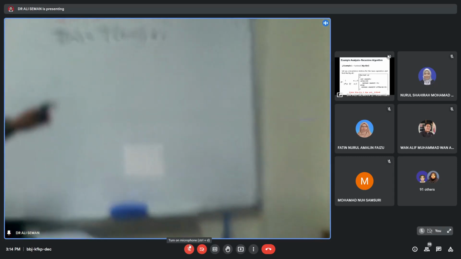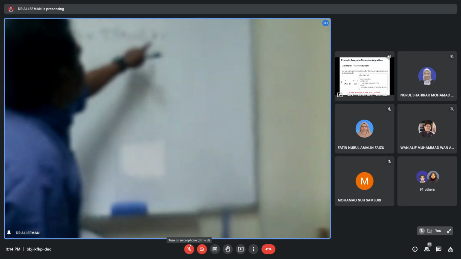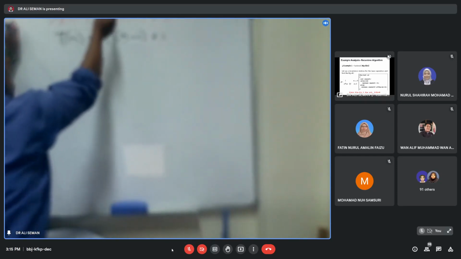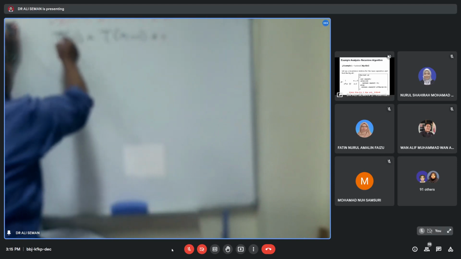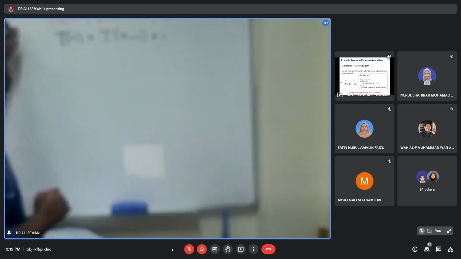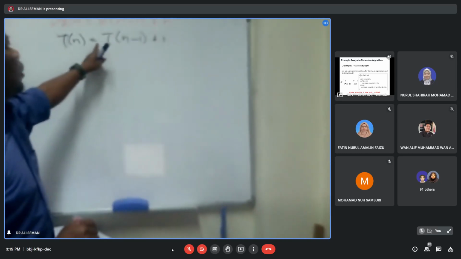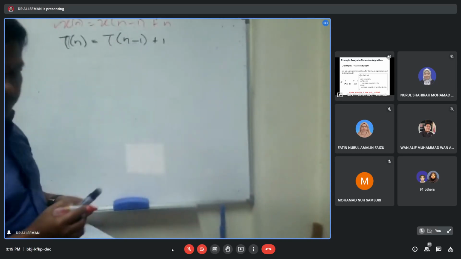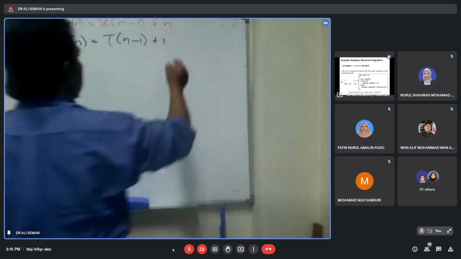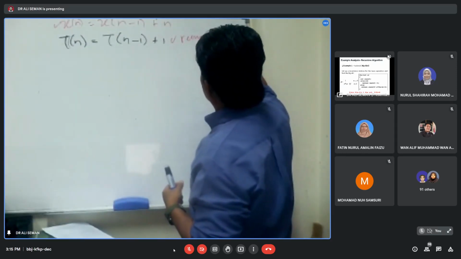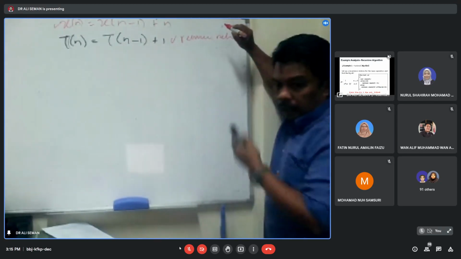But now it is n minus 1 plus 1. Just now we used x, a general variable function, but now we go specific for T, which is the running time. We want to estimate the running time for this. So the recurrence is T of n equal to T of n minus 1 plus 1. This is called the recurrence relation.